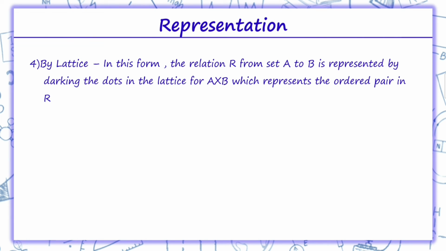Coming on to the next, lattice. In this form, a relation R from set A to set B is represented by darkening the dots in the lattice for A cross B, which represent the ordered pairs in the relation. Now let's suppose over here we are provided with set A as -3, -2, -1, 0, 1, 2, 3.